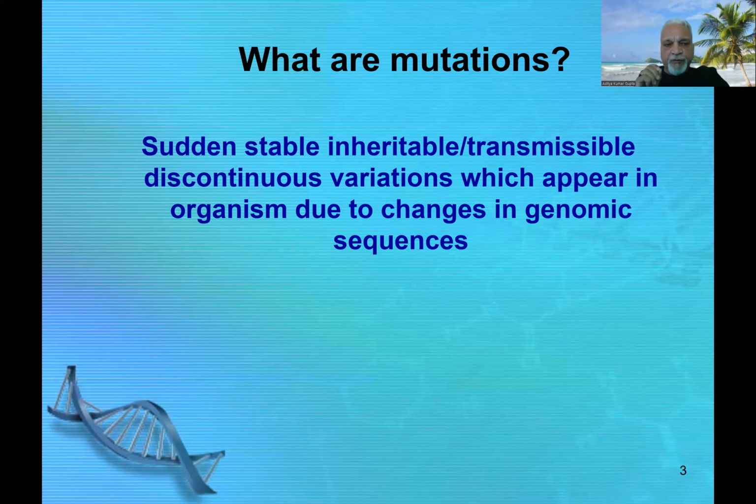So two things you have to remember: the change is sudden, means it is happening in the current generation. It has not come from the parents. So it is happening in the current individual, and it is passed on to the next generation. So it is transmissible. It is stable and it is transmissible.